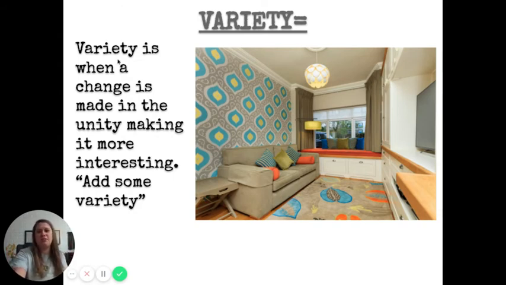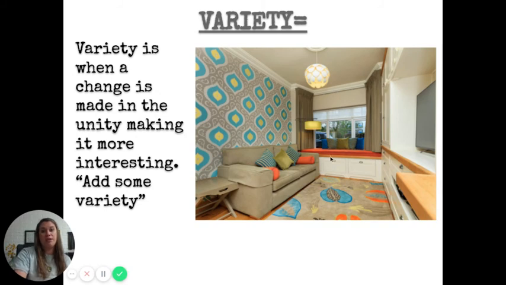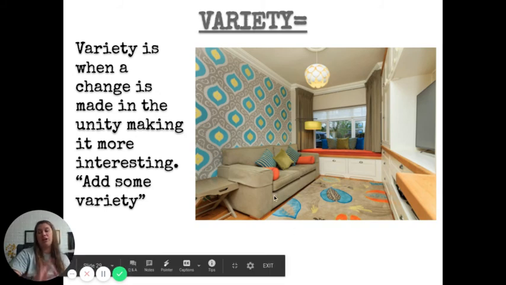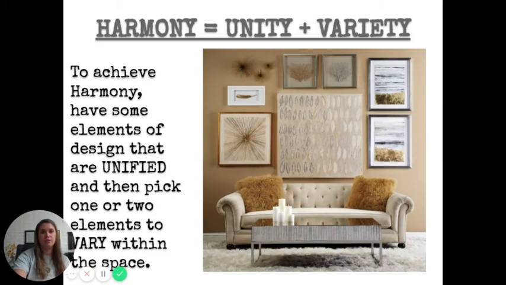You can see there's some funkiness in this room. We've got several different patterns happening, but they've stuck with one color scheme, this accented neutral color scheme, to make it have variety and not be 100% unified. So harmony is somewhere in between. Harmony is when unity and variety happen.